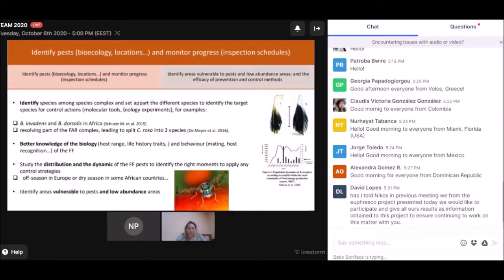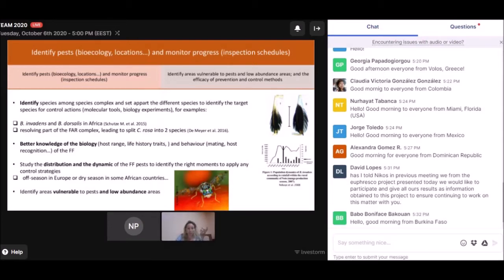That's a very important thing to know, to identify the pest really well. But you have synonymization, and you also have the idea of species complexes. Resolving the Far complex, I just put this as one hint among many, was very important as well, to see that the different fruit flies, like Ceratitis rosa and its relative, were two species instead of one.